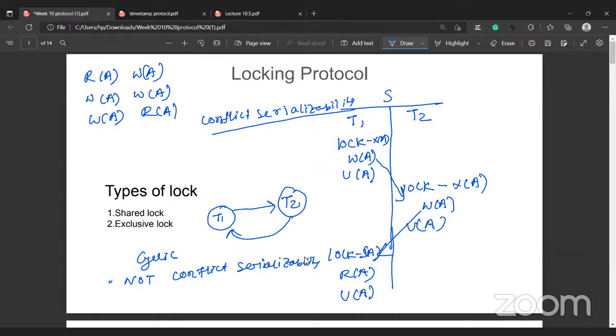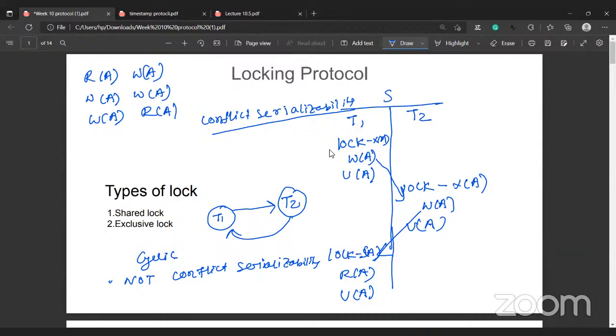Everyone got it? In the previous session, we discussed how to draw a precedence graph and how to find whether a schedule is conflict serializable or not.